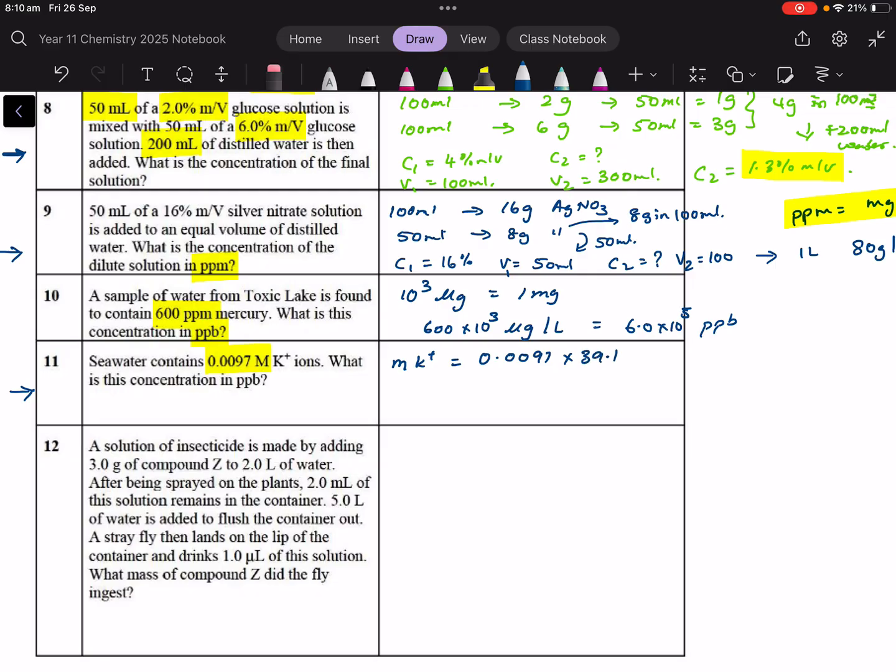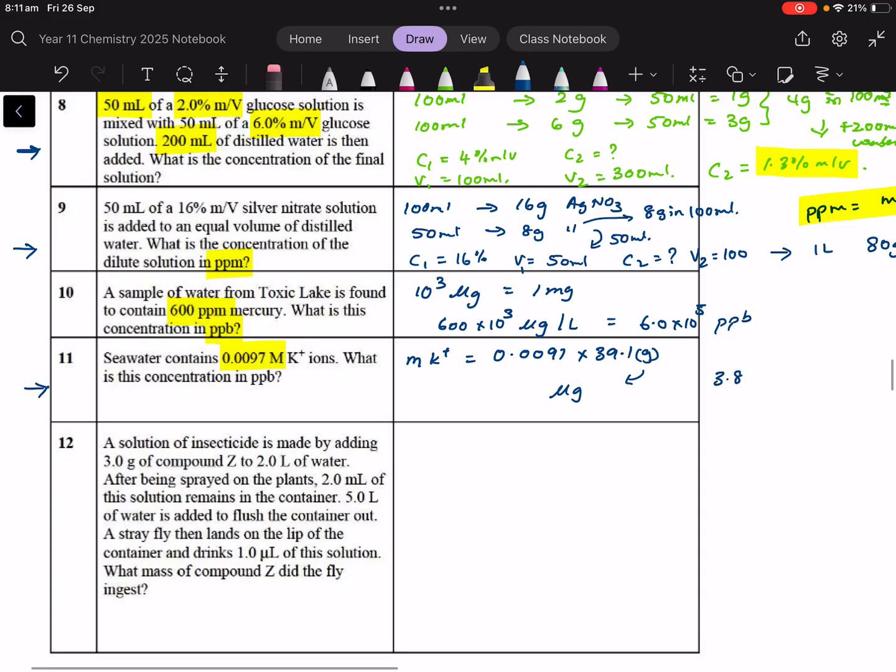And then work that out in grams, and work that out into micrograms. And your answer should be 3.8 into 10 raised to 5 parts per billion, which will be micrograms per liter.